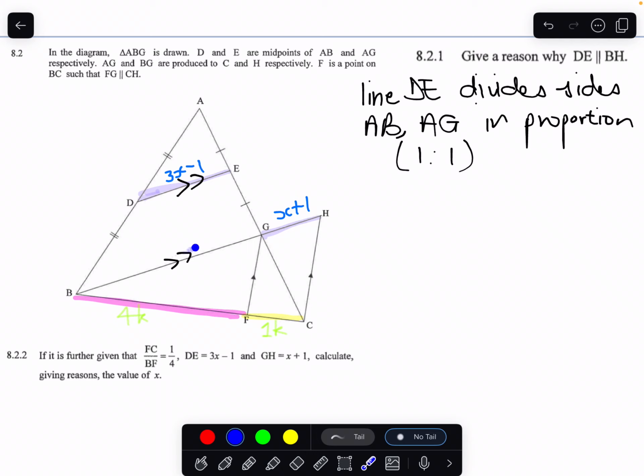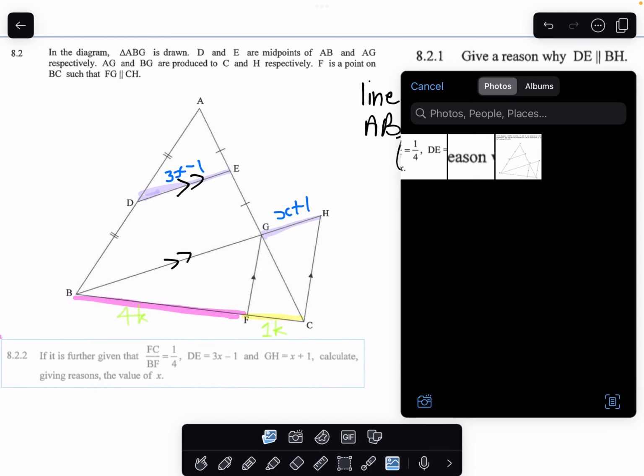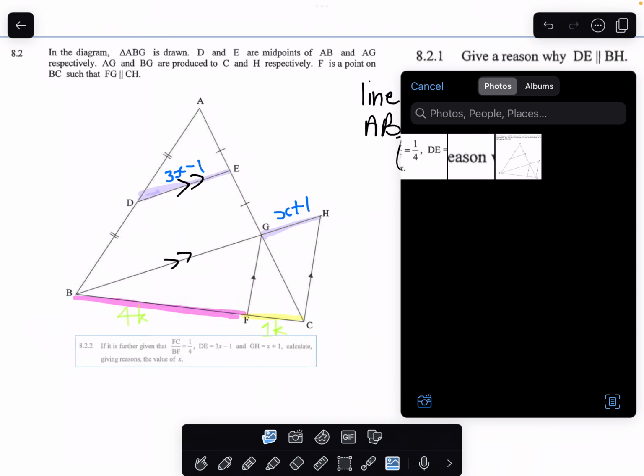So this 4x plus 4 will be the same as 2 times that, which we can then use to solve for x. Okay, so let's write all of that mathematically.